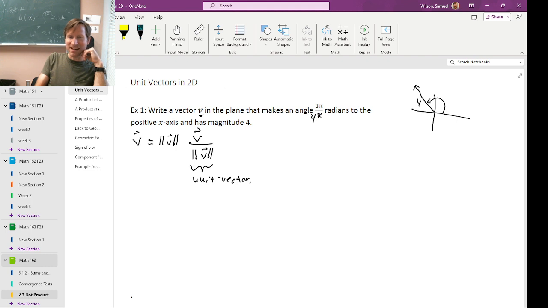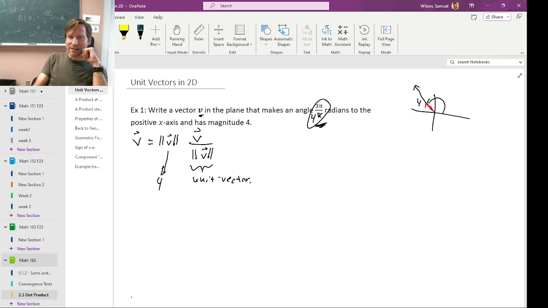Because we've divided out its size, so it has length 1. We know what we want the magnitude to be. So this part is just going to be 4. But then the question is, what is the unit vector that points in this direction? There's some unit vector that points in this particular direction. How can we find that?